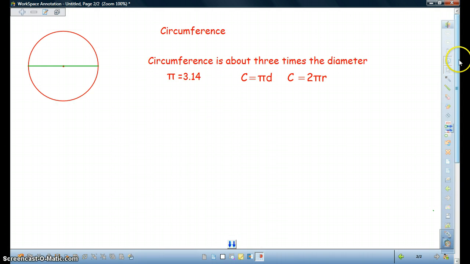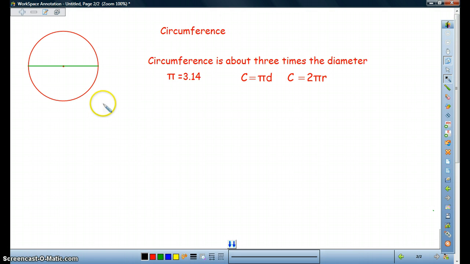So now let's say the question is given and we have the diameter is 6 meters. We're going to start with our formula of C equals pi times d. We have 3.14 times the 6.